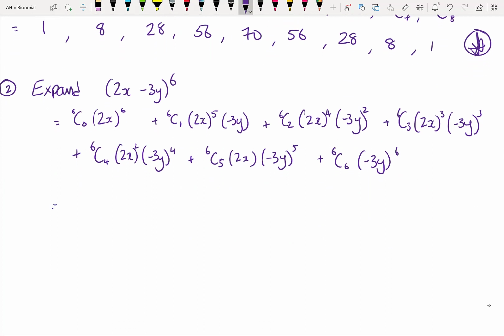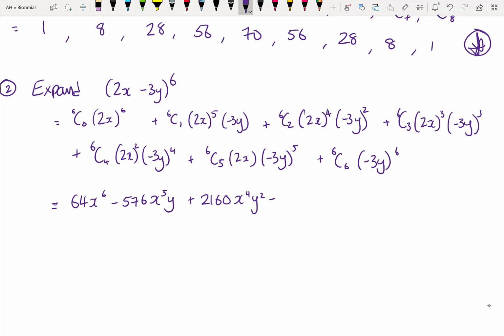And if we churn that out, if we ask our calculator to give us some of these answers, we should find that we end up getting 64x to the 6, minus 576 x to the 5 y, plus 2160 x to the 4 y squared. But it's not going to be plus next, it's going to be minus. We should find that it should alternate: if we've got 1 plus and 1 minus, each of our terms should go plus, minus.